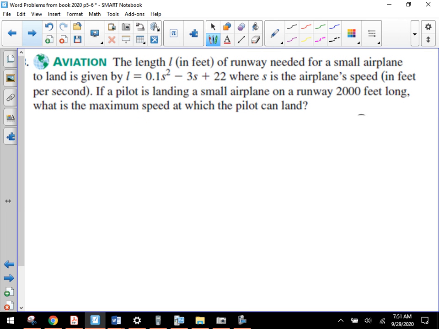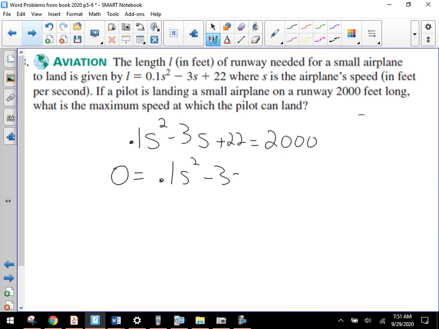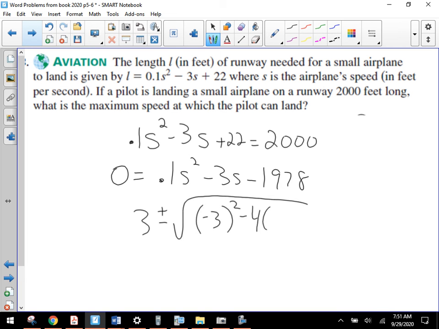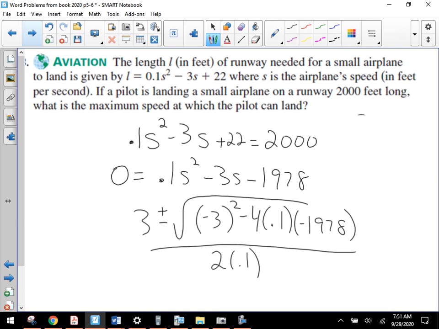In this case here, we're just taking the formula they give us: 0.1s squared minus 3s plus 22, and we set it equal to 2,000 because they're trying to figure out what's the speed that you can go. This sets you up again for a very easy quadratic formula problem with 1s squared minus 3s minus 1978. So let's see, 3 plus or minus the square root of negative 3 squared minus 4 times 1 times negative 1978, all over 2 times 1.